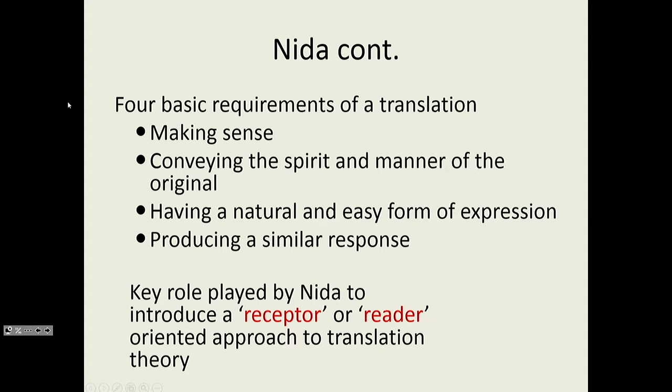So his four basic requirements of translation actually are fairly good ones, I think. And ones that you should definitely keep in mind as being very helpful in your translation practice.